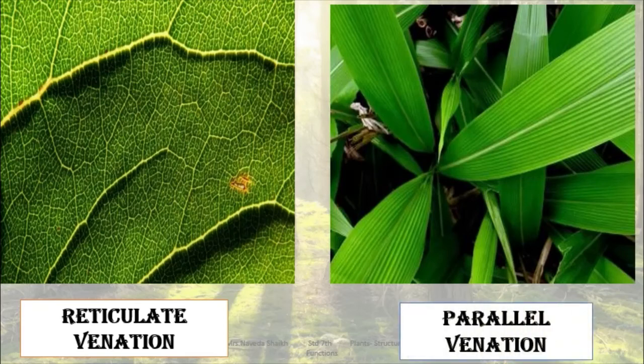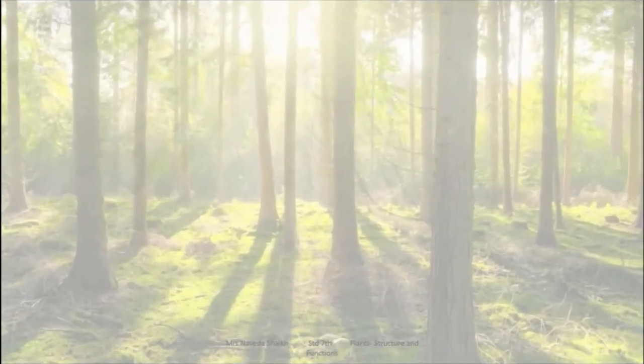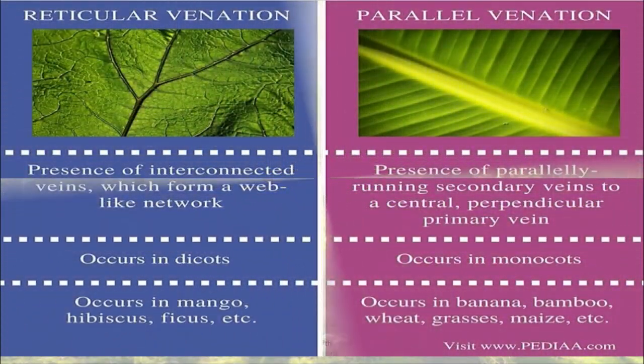Now let us understand reticulate venation and parallel venation a little more. So what is parallel venation and what is reticulate venation? Reticulate venation means presence of interconnected veins which form a web-like network. जैसे हम लोग spider का web देखते हैं ना, उसी तरीके से interconnected web-like network is seen in a reticulate venation leaf.